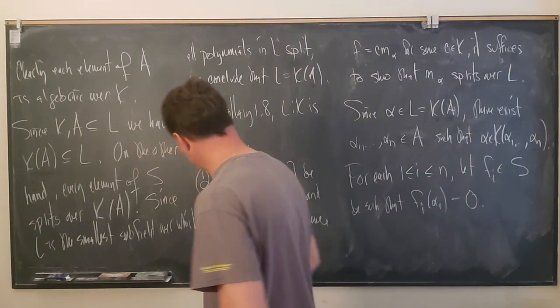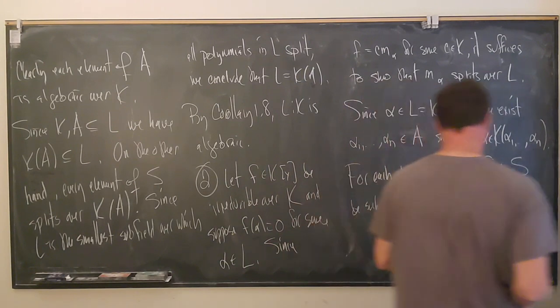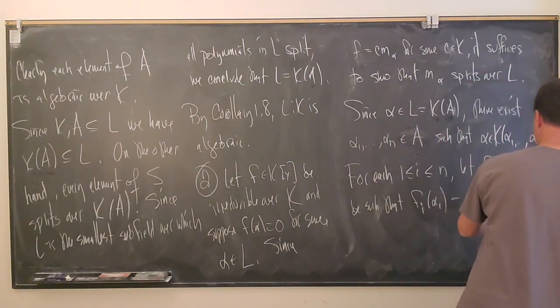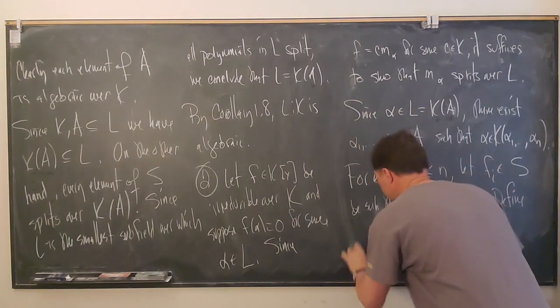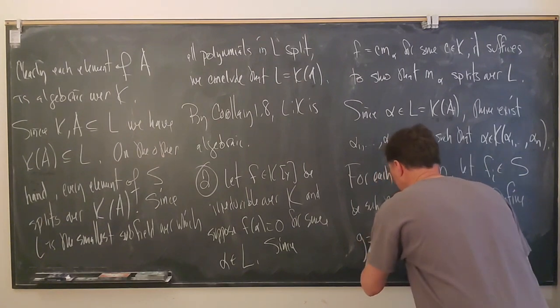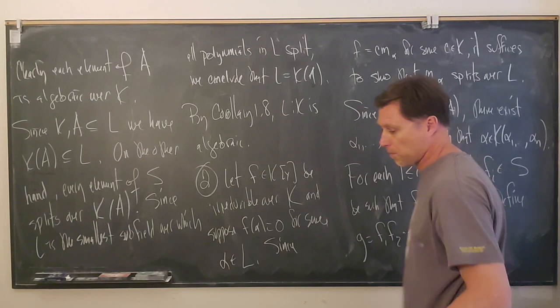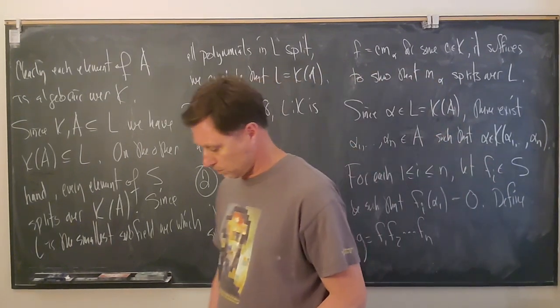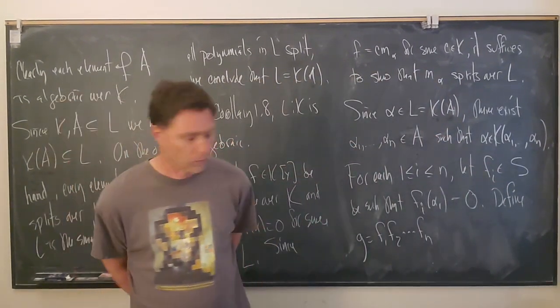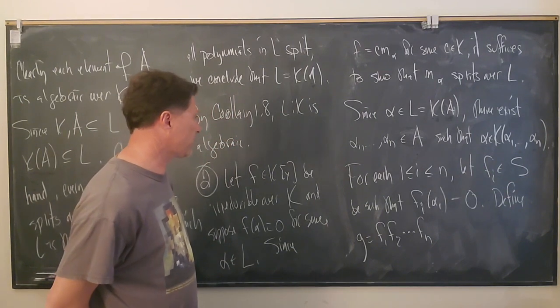And now I want to create a new polynomial, so let's define G equal to f1 times f2 dot dot dot f sub n. So what's happening here?